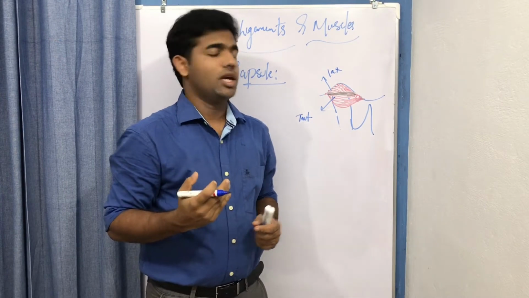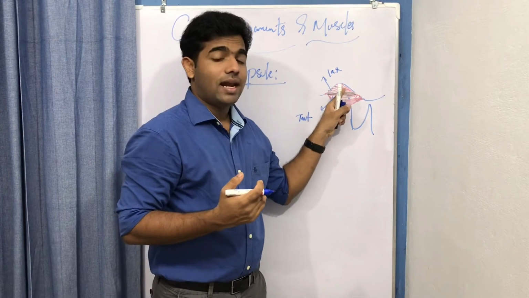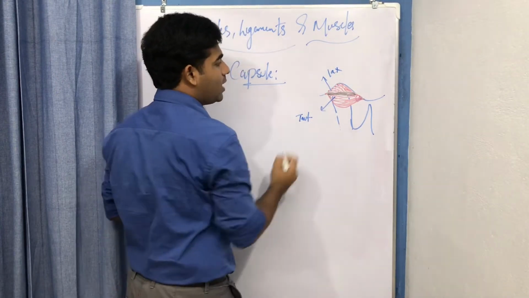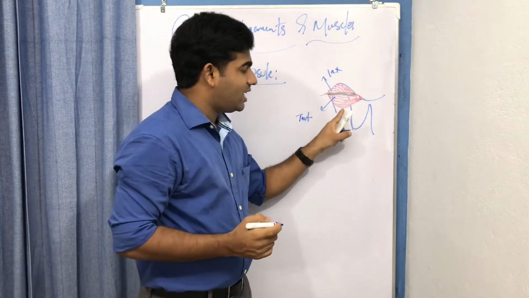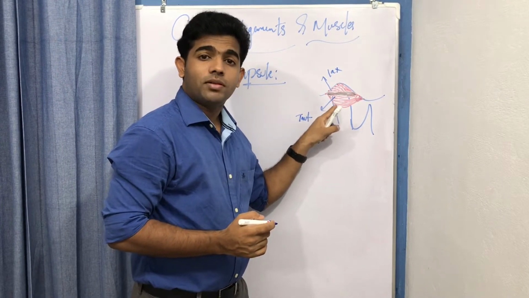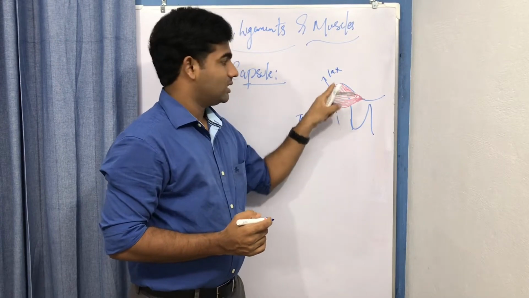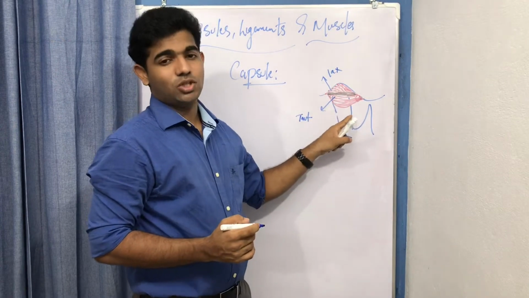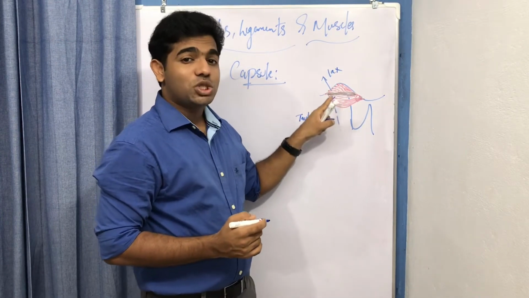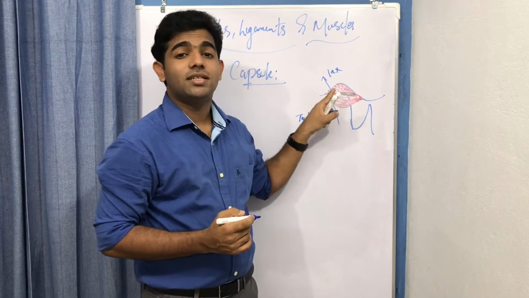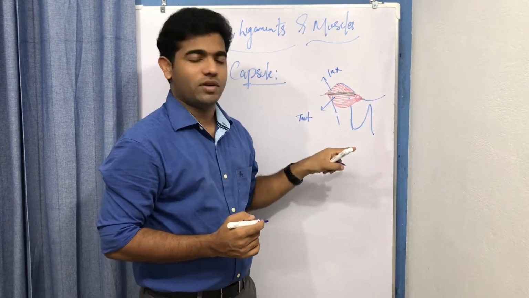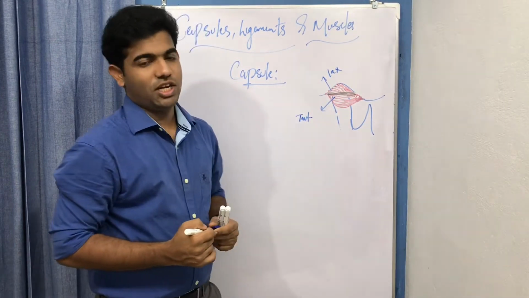So the capsule is lax at the superior portion where the movement has to take place, whereas at the inferior portion the capsule should be very rigidly attached to the mandible, because there are not many bony connections. The capsule has to provide sufficient stability or holding power, and that is why the inferior part is taut.